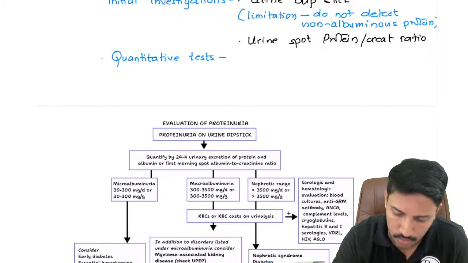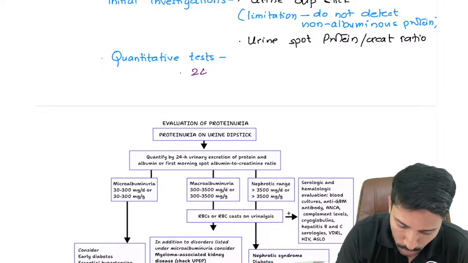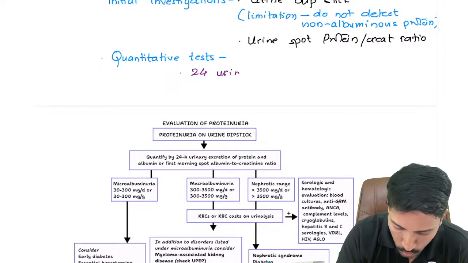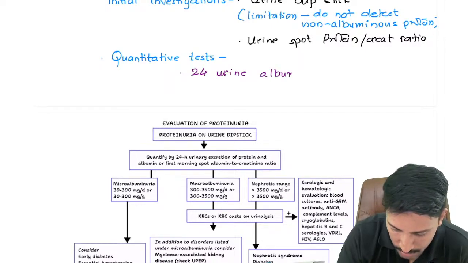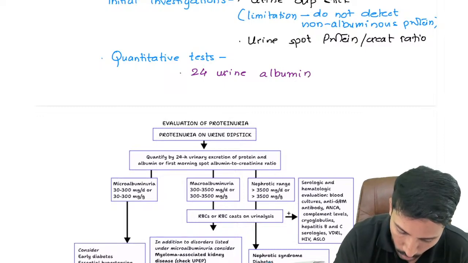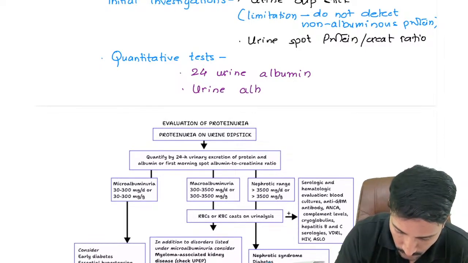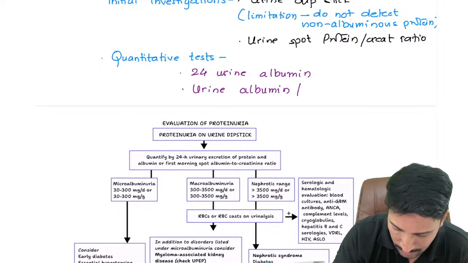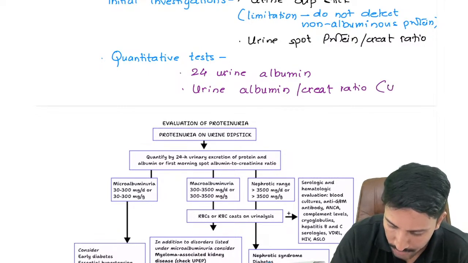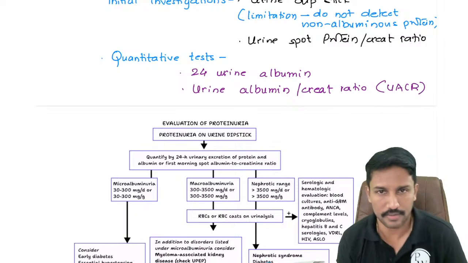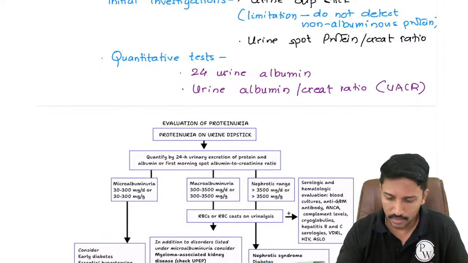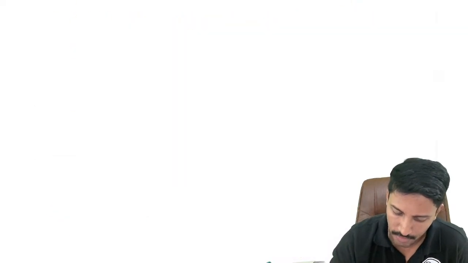Now, quantitative test wise, what can I do? I can do a 24-hour urine albumin estimation, or I can also do the urine albumin creatinine ratio, which we will abbreviate as UACR. This will give us a quantified estimation of the protein.